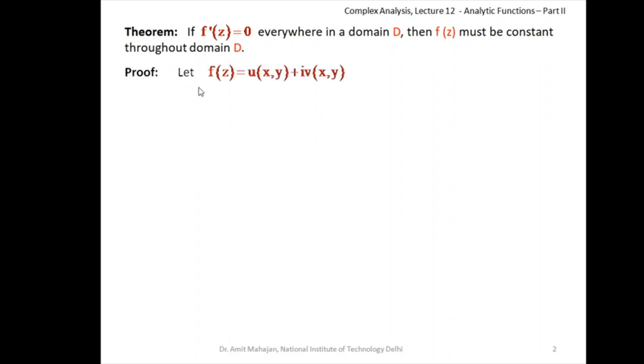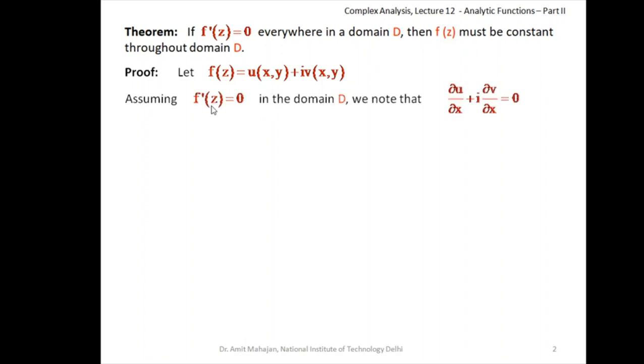So let the function f(z) be equal to u plus iv, where u and v are both functions of x and y. Since the derivative exists, and we know how to calculate it, it is ∂u/∂x plus i ∂v/∂x.